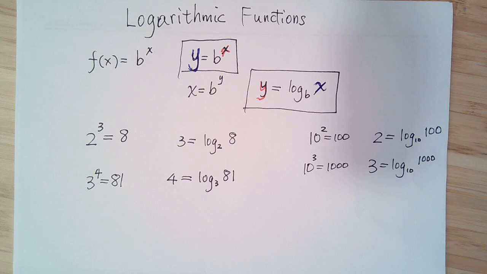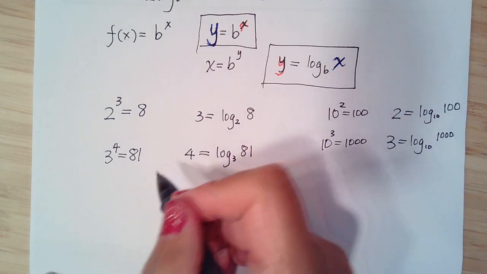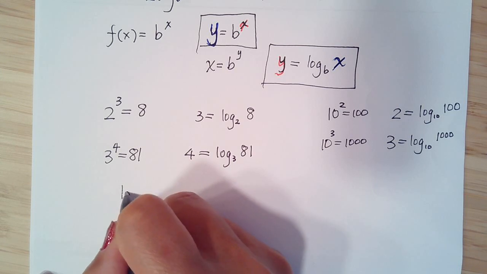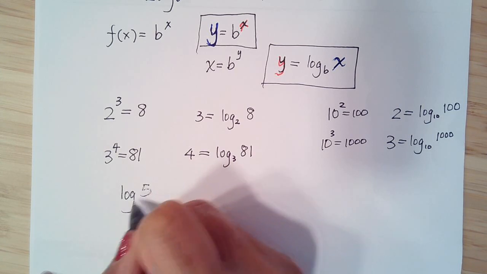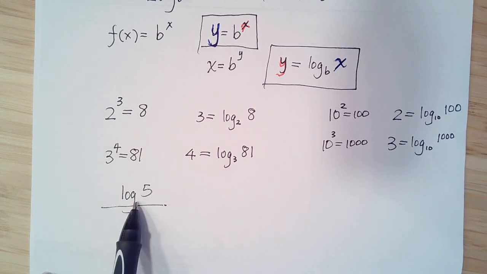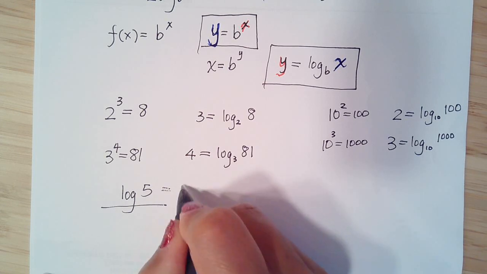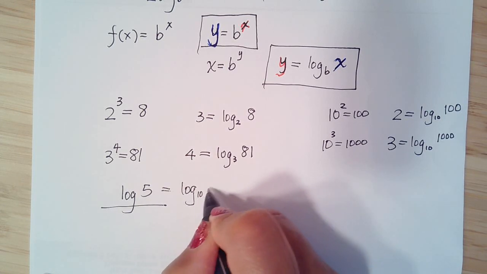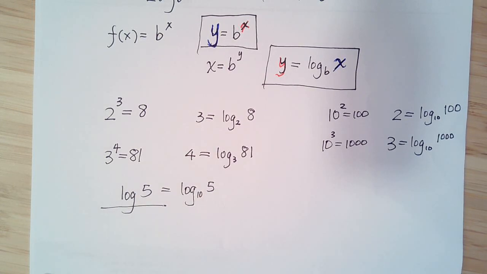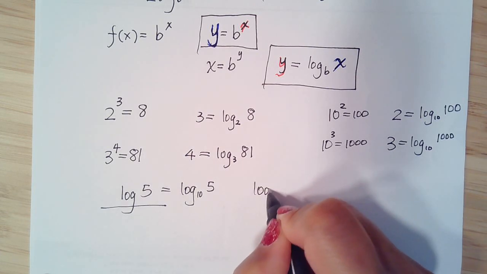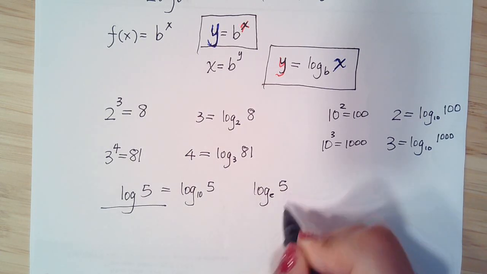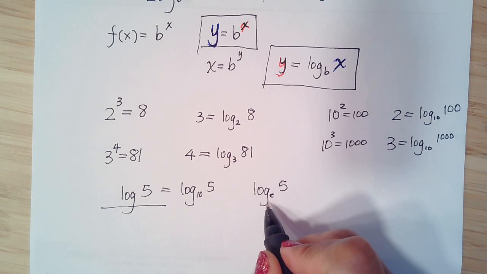All right. There are two things I want you to know. One is log 5. If you don't see the base, that is the same as log base 10 of 5, which means the base is 10. If the base is e, do you remember e, 2.7 something?